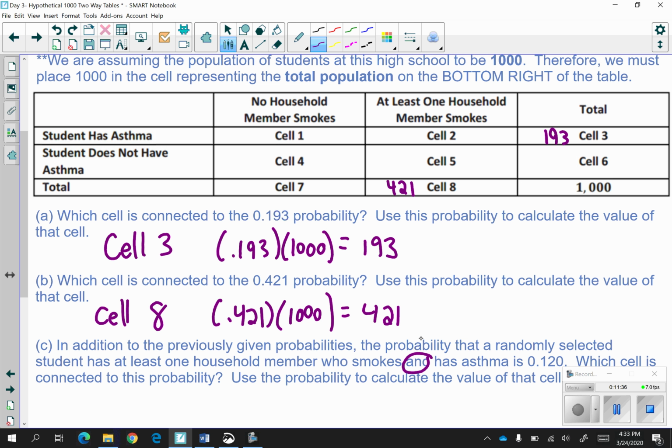So smoking and having asthma, that's going to be cell 2 because it lines up with both of them. It's the joint frequency. So I'm going to write cell 2. And from there, 0.120 times 1,000 is 120 people.